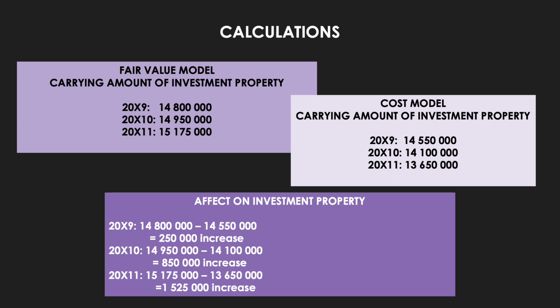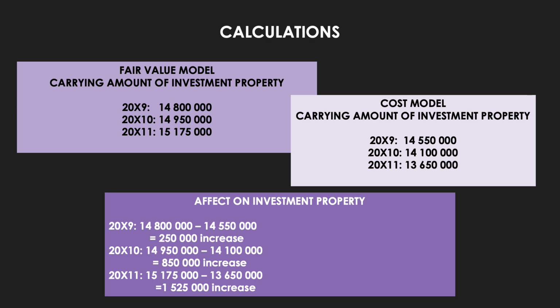So if we look at the 2009 financial year, the fair value at the end of 2009 is 14,800,000 Rand. However, on the cost model, we have a carrying amount of 14,550,000. Therefore, in order to get the carrying amount of investment property to be the 14,800,000, we need to increase the carrying amount by 250,000 Rand.